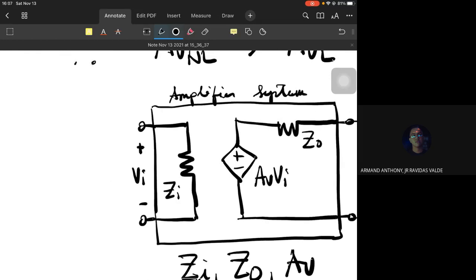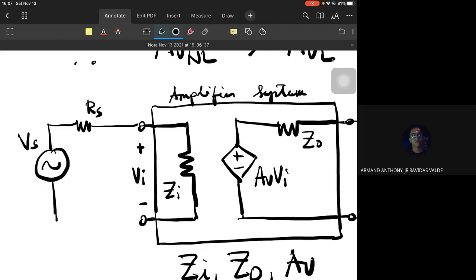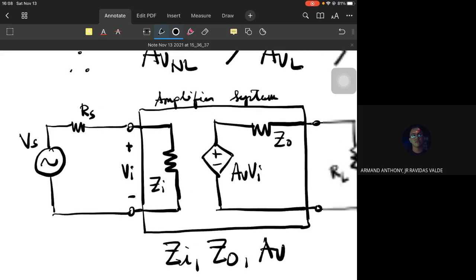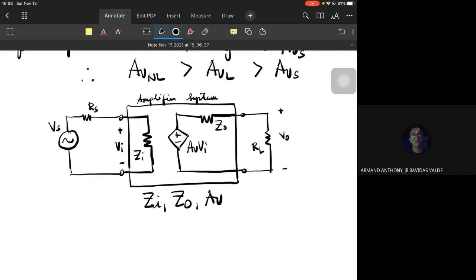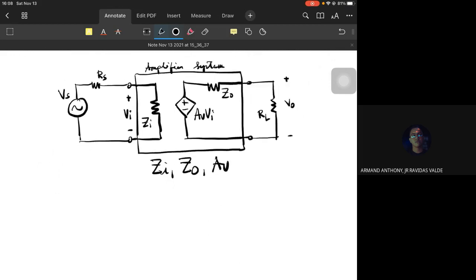To model the source, we have the internal resistor, RS, and an AC voltage source, VS. So that's it. That is the systems model for any amplifier configuration.